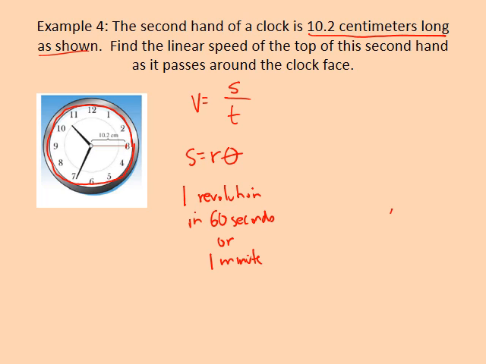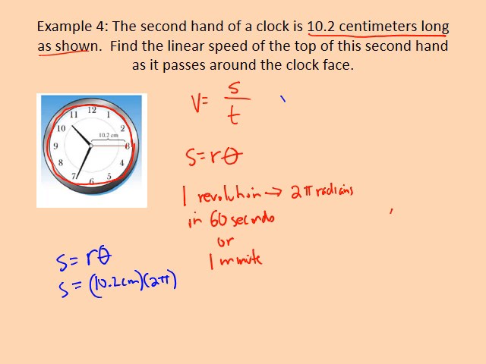Now, since we're traveling 1 revolution, we know 1 revolution is 2 pi radians. So if we want to find our arc length, which is s, it is the radius times the angle measured in radians. So in this case, our radius is 10.2 centimeters times our angle, in this case, 2 pi.